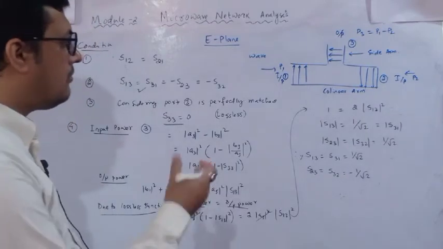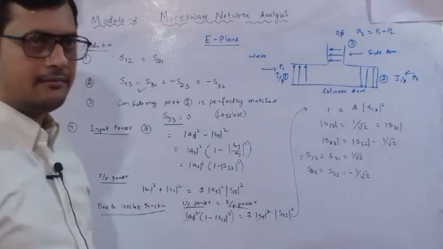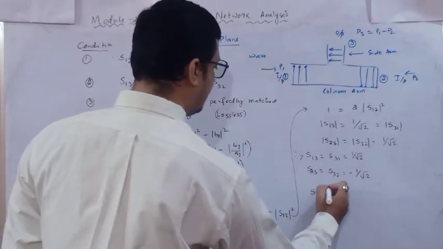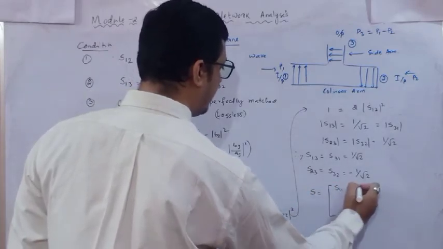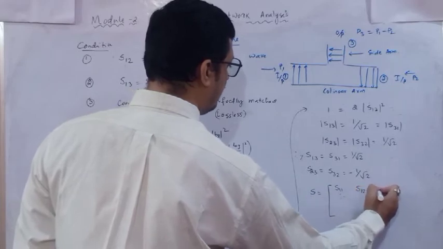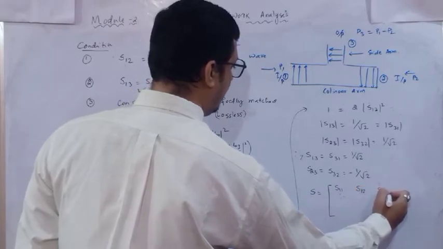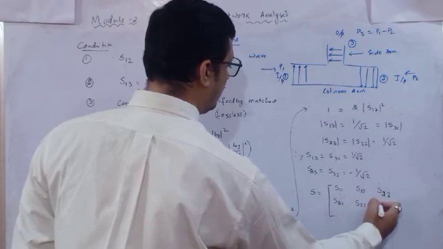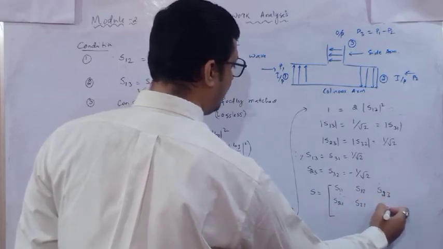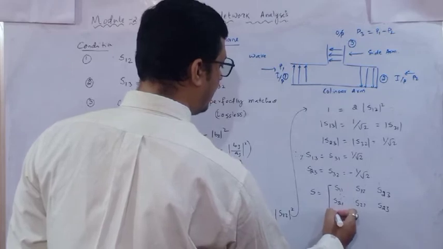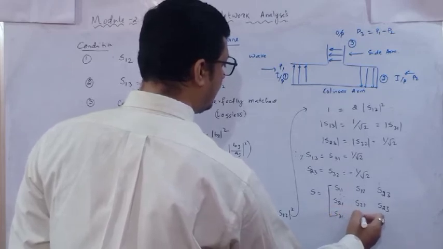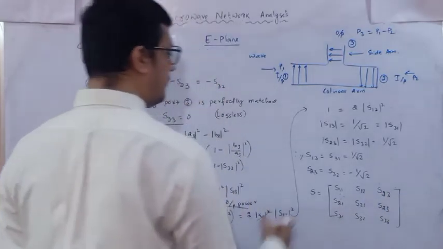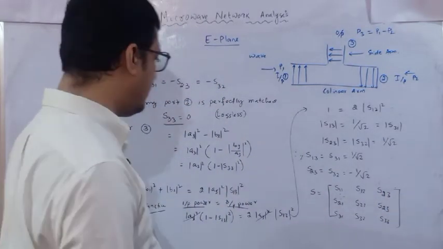So almost all parameters we have identified. Now we have to represent the scattering matrix. So S is equal to S11, S12, S13, S21, S22, S23, and S31, S32 and S33. What are the parameters we have identified?